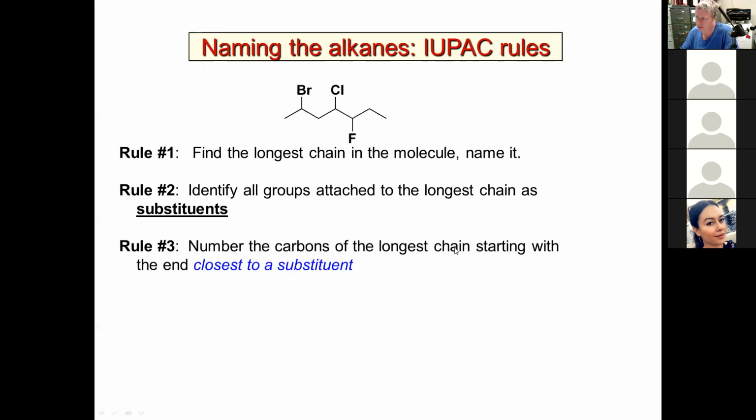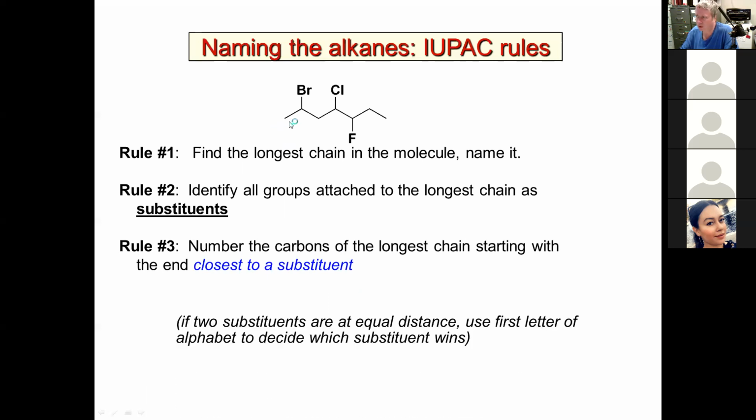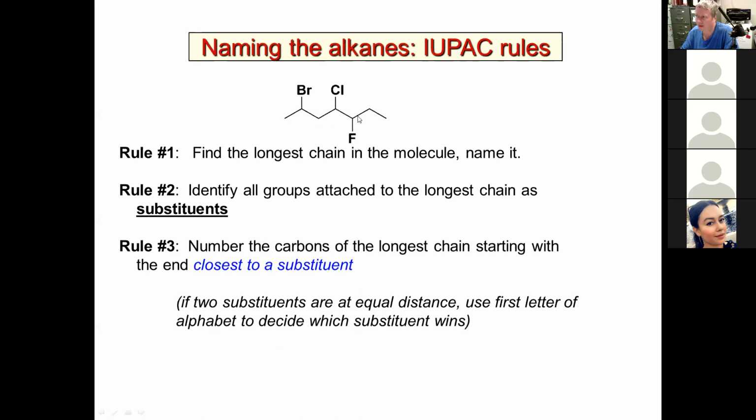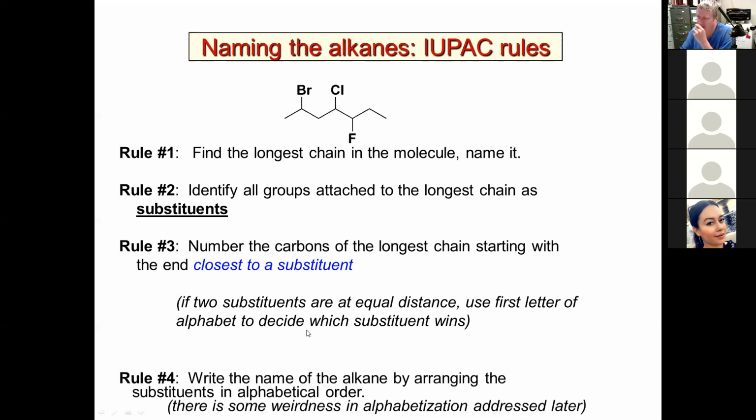So number the carbons closest to the end of the first substituent. So we know it's 1, 2, 3, 4, 5, 6, 7. If two substituents are equal distance, we use the first letter of the alphabet to decide which substituent wins, okay? Right here, it's very clear that it's left to right. And we'll write the name.